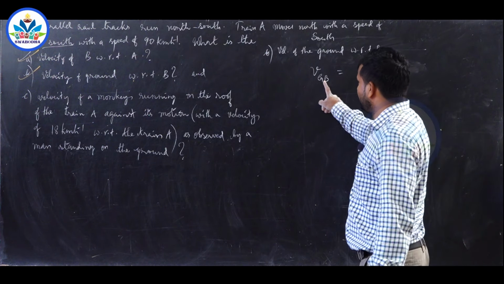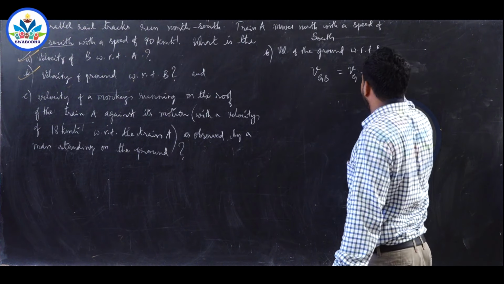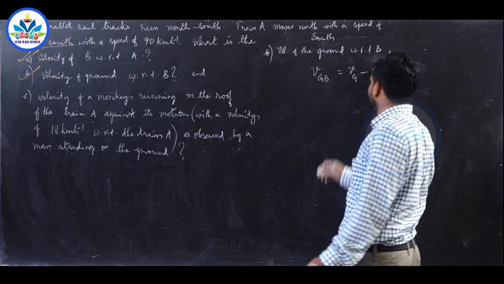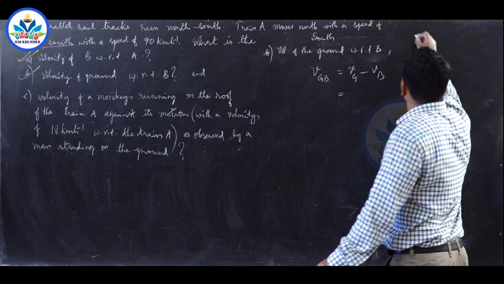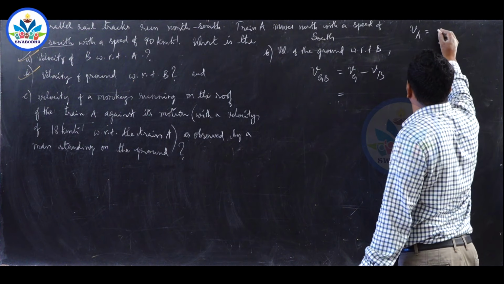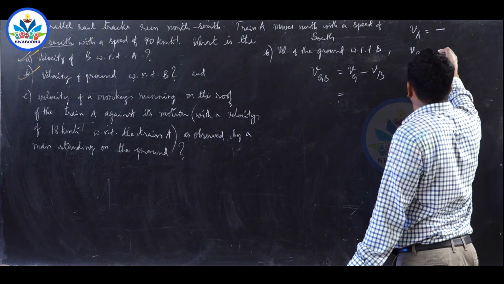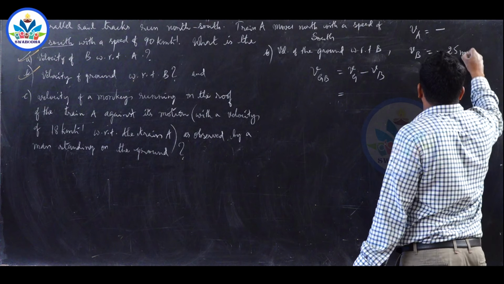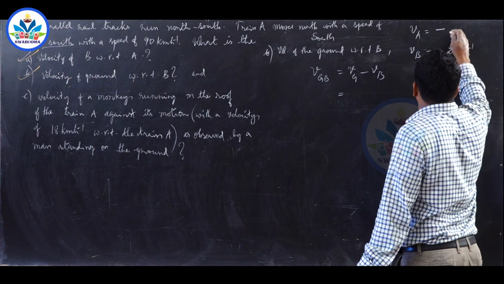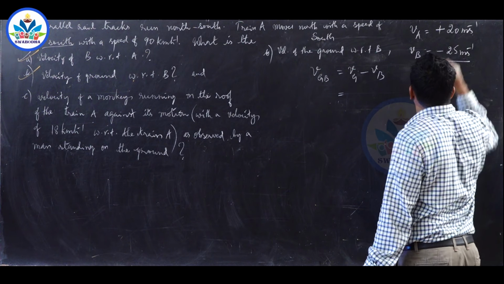Velocity of B, VB. Velocity of ground with respect to B, we all know, is VG minus VB. So we know VA is plus 20 meter per second, and VB is minus 25 meter per second.